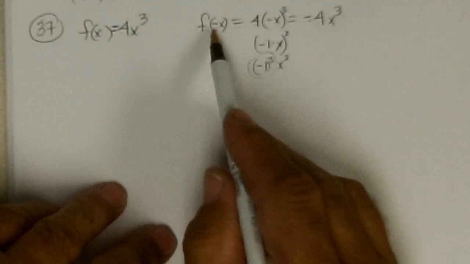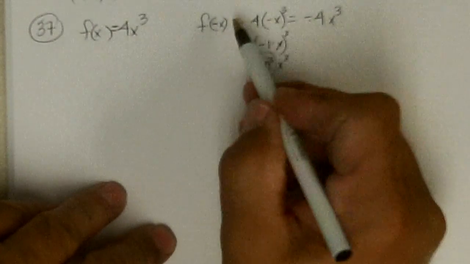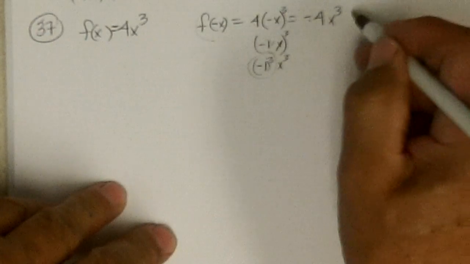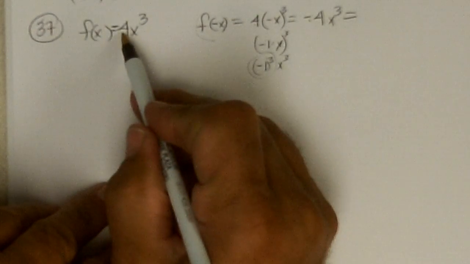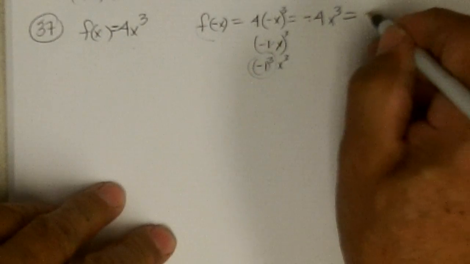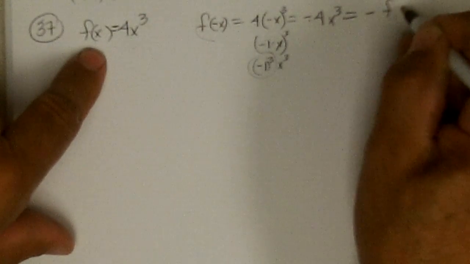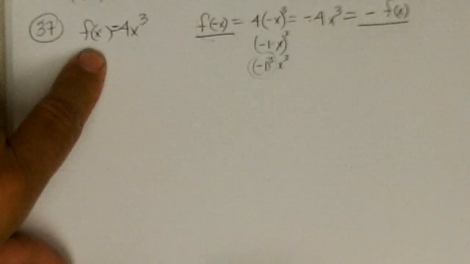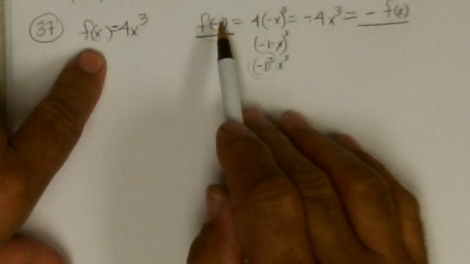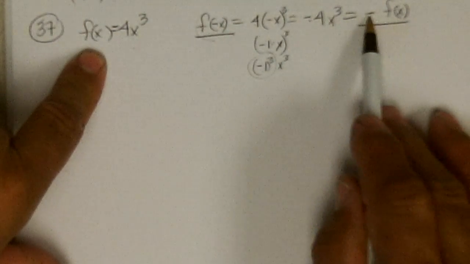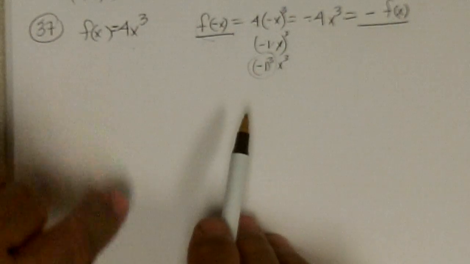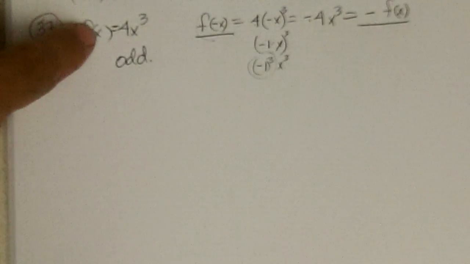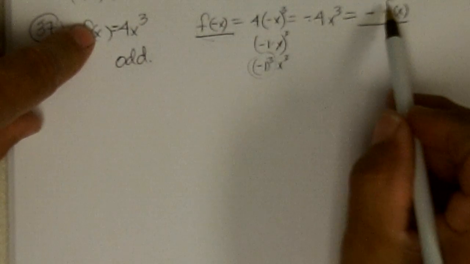So what happened here was we put a -x in for all the x's, and we got not 4x to the third, but the negative of what f of x originally was. And this is what the definition of an odd function is. If you put in the negative of the x, you get the negative of the original function. So this is odd. If you change the sign of the x, you get a change in the sign of the y.